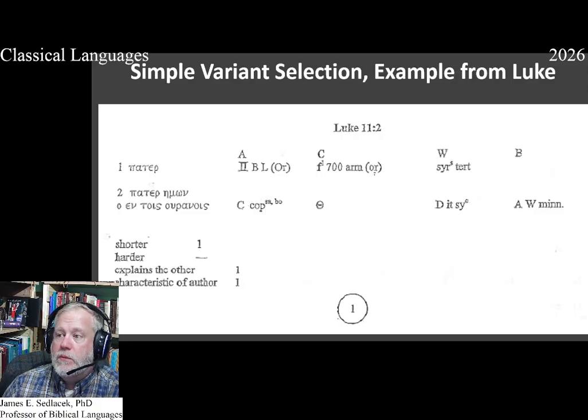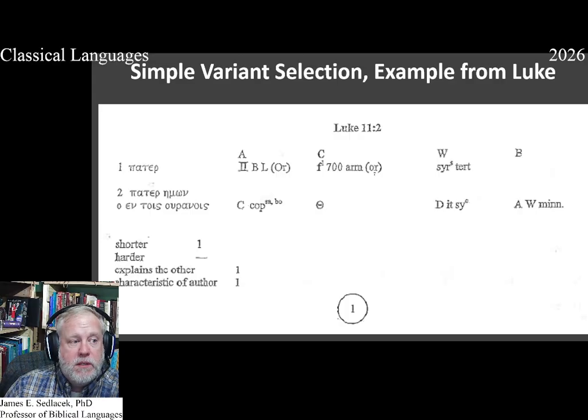Out of all this, we actually see pater by itself not really represented in the Byzantine family. But we do see the other reading represented in all 4, the number 2 reading. So on that basis, you might argue number 2 is better, because more text families have that reading than not.